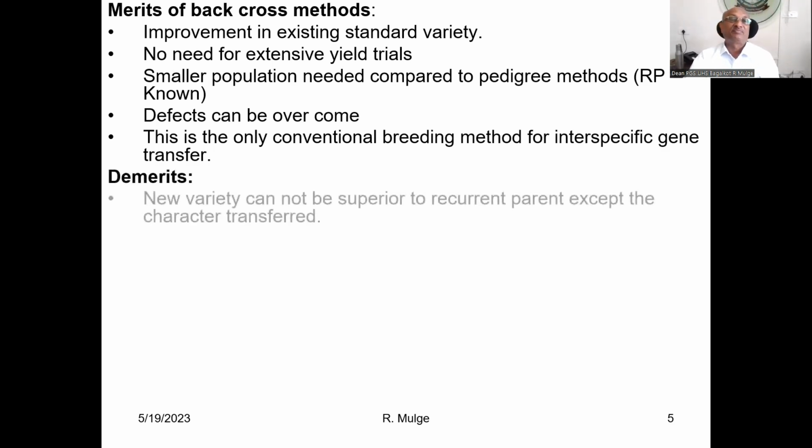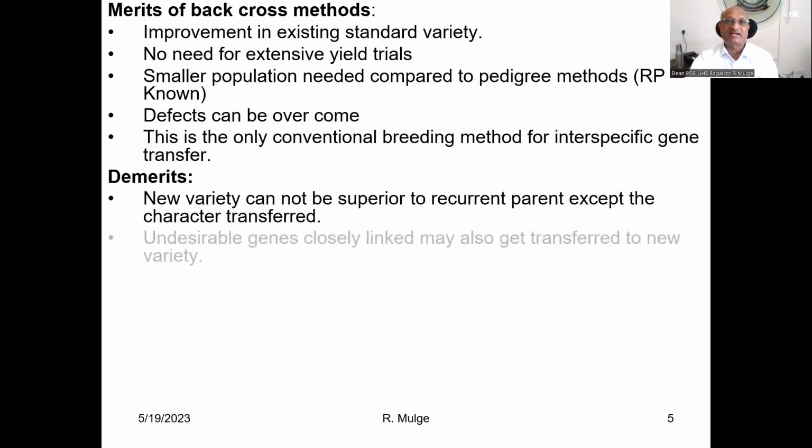Then the demerits: the new variety cannot be superior to the recurrent parent except for the character transferred. That means it is only that additional character. Otherwise, it is the same as the standard variety I started with. Undesirable genes closely linked may also get transferred to the new variety from the donor parent, right?